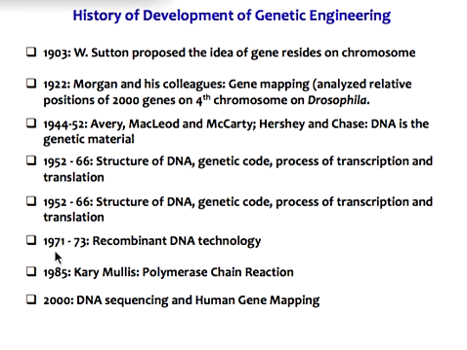During 1971 to 73, the era of recombinant DNA technology started, and Kary Mullis in 1985 invented the principle of polymerase chain reaction, now famously known as PCR, and that led him to receive the Nobel Prize. In 2000, the human DNA was sequenced by the launching of the Human Genome Project.